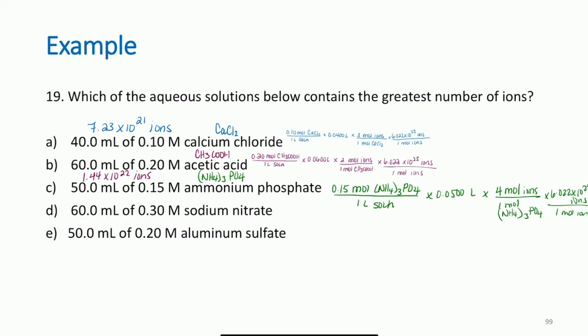And I did calculate this out, but it's really shrunk down. I can't even read what I wrote. So I need to calculate this one. 0.15 times 0.05 times 4 times 6.022 times 10 to the 23rd. 1.80 or 1.81 with rounding.